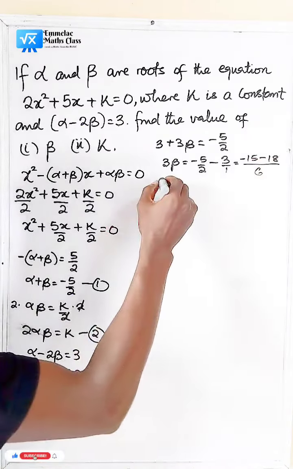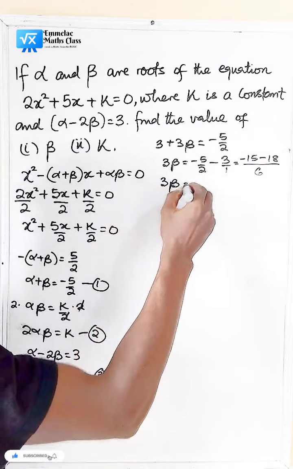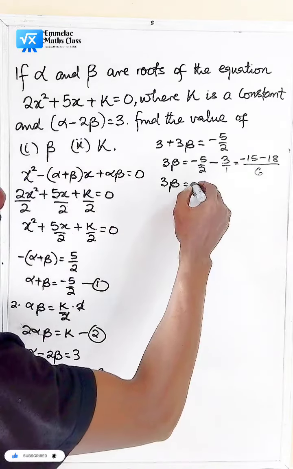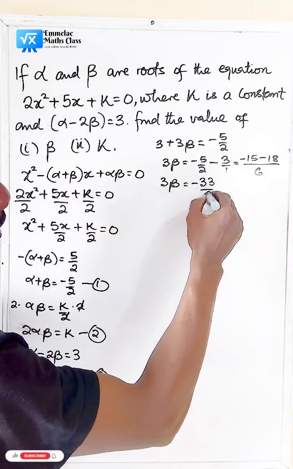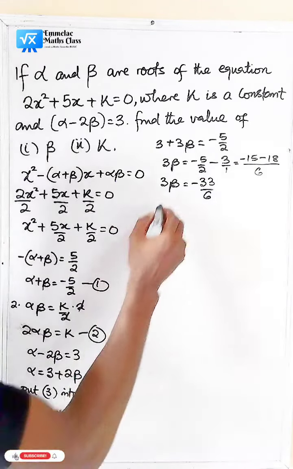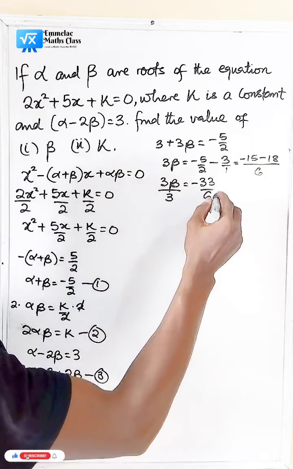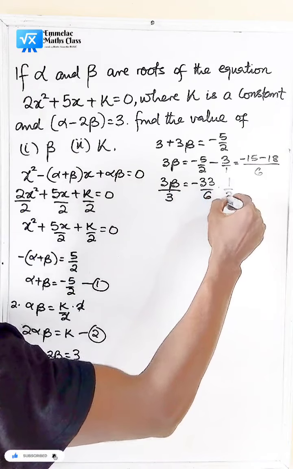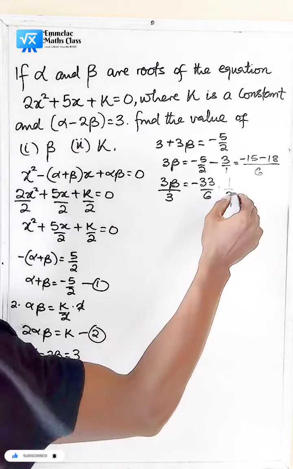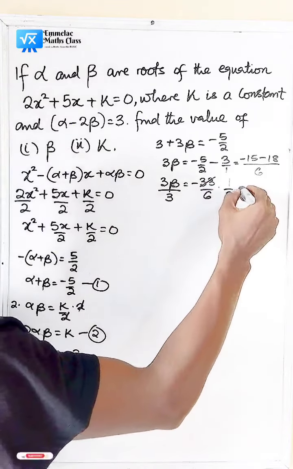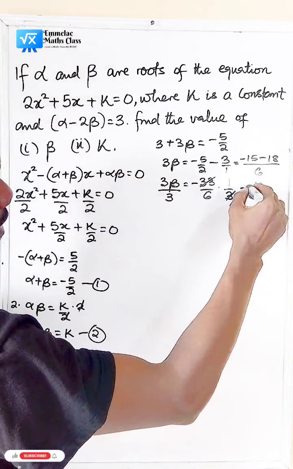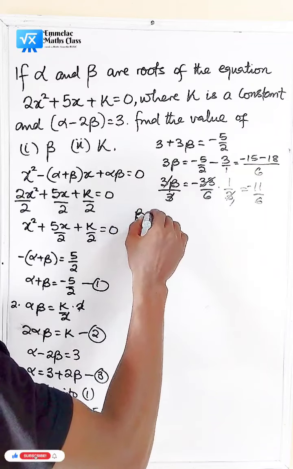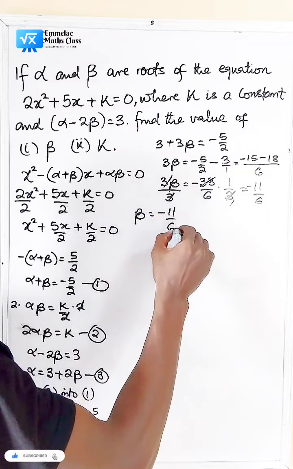So we have 3 beta equals negative 33 all over 6. Now dividing both sides by 3, 3 divided by 3 is 1, and 33 divided by 3 gives us 11. So we have negative 11 all over 6. So our beta equals negative 11 all over 6.